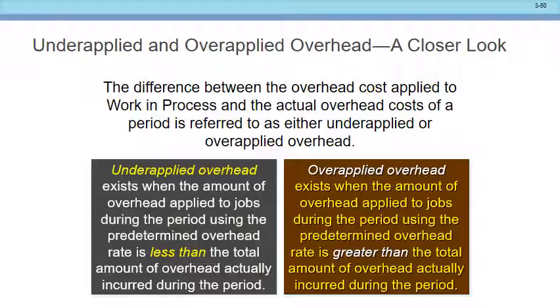Now, if this amount is not considered material, it is okay for me to go ahead and debit my cost of goods sold for that extra $3,100. Now, this is balanced out, isn't it? I've credited this, it is 0, and my cost of goods sold now has $3,100 extra in it, which it really should have more in it because I under-applied the overhead, right? And they tell us that if it's not material, I can just go ahead and put the entire amount into cost of goods sold. If this amount is a lot, it's considered material.